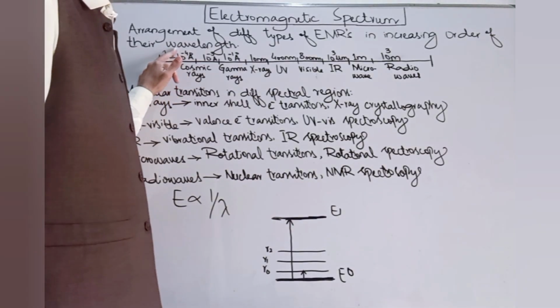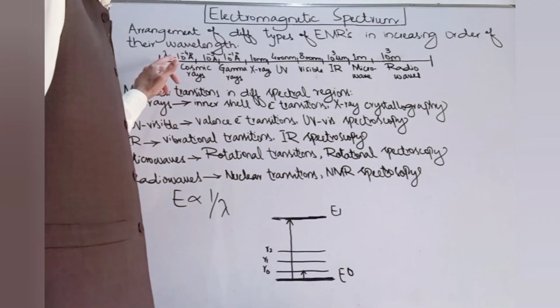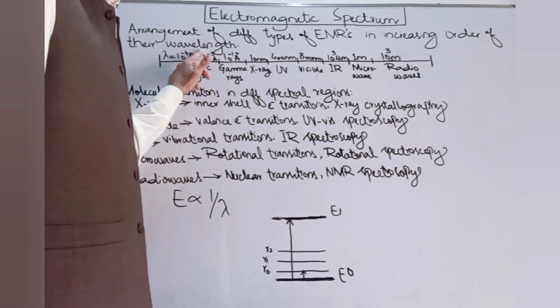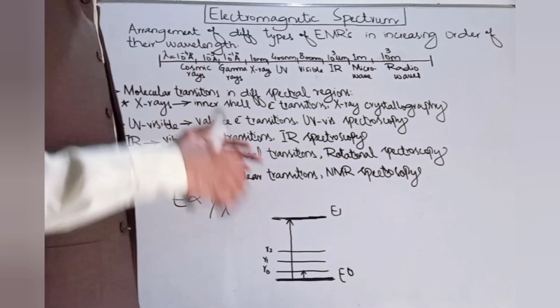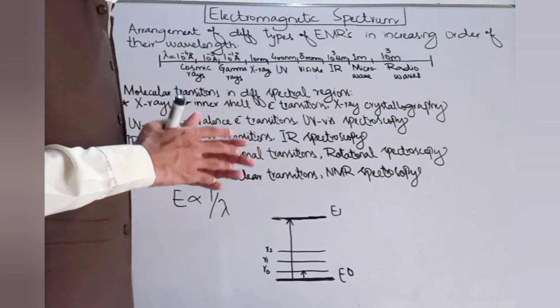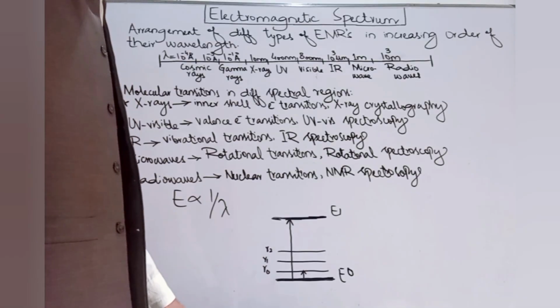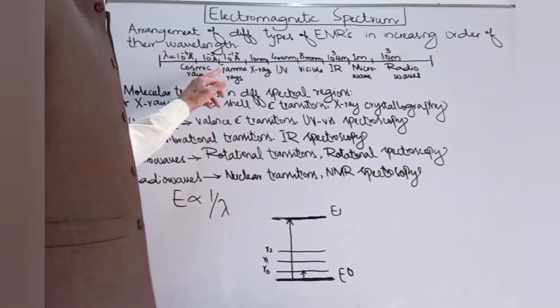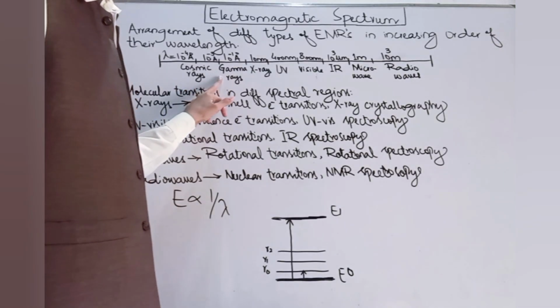So 10 to the minus 4 angstrom marks the start of the electromagnetic spectrum, and from 10 to the minus 4 to 10 to the minus 3 angstrom, there is the cosmic region. Cosmic rays are very high energy radiations present at the start of the electromagnetic spectrum. Then up to 10 to the minus 1 angstrom, there are the gamma radiations.